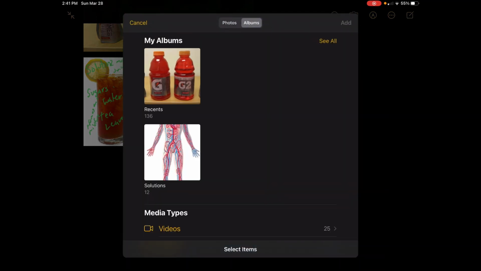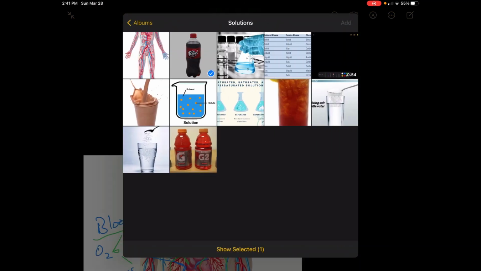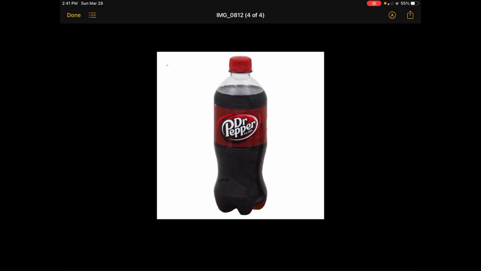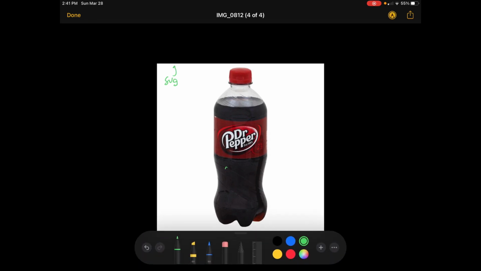Let's look at a few more. One that we're probably very familiar with is Dr Pepper. Dr Pepper is a solution. It's got sugars. It's got CO2, carbon dioxide. It's got water. It's got caramel coloring. What's interesting about Dr Pepper and a lot of solutions is that you have solids, gases, liquids, and then aqueous.